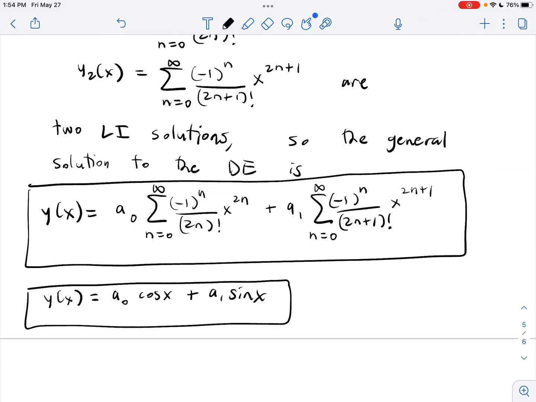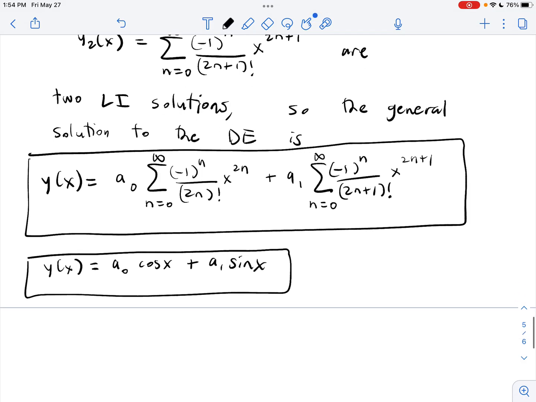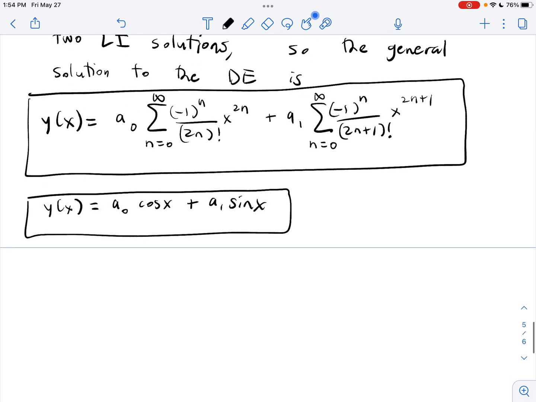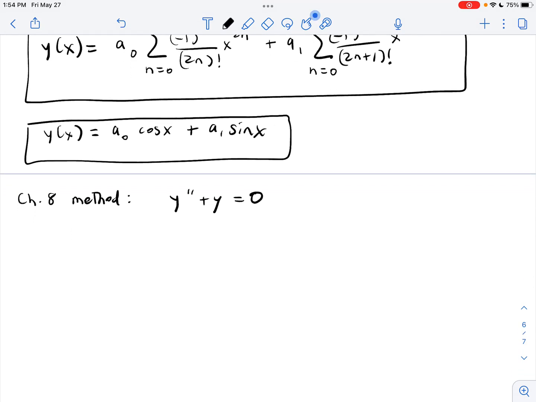Now, if you didn't notice that, that's totally okay. You don't have to write your answer with that. But I want to show you that this answer agrees with how we learned to do this previously. I believe in chapter 8, what was our chapter 8 method for solving this? We actually can solve this using a chapter 8 method because we have constant coefficients for this example.